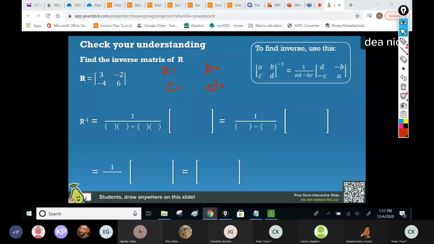All right, I think some of you guys have the answers already. All right, and Jacqueline, well done. You can do either a fraction or you can use decimal. Doesn't matter. I personally prefer fraction.